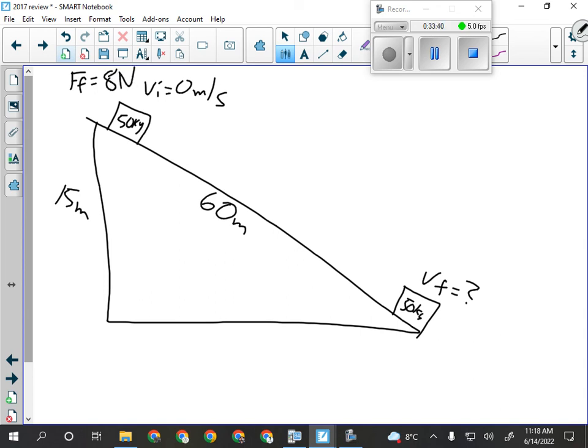I don't know, I hope this works out because I'm just pulling numbers out of the hat here. This is probably a really easy one, but a work energy theorem problem.